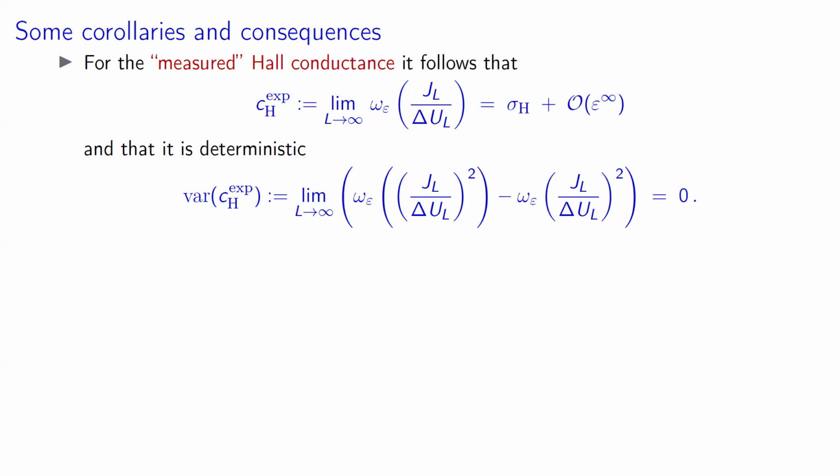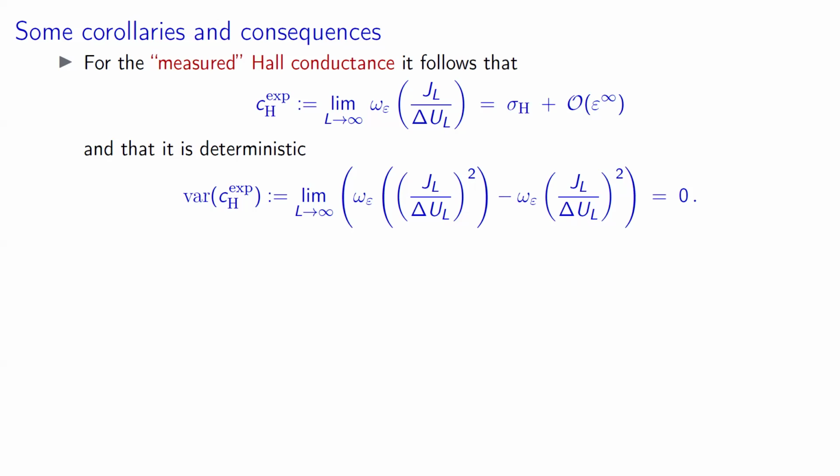That would be the experimental caricature of the measured quantity. And if I take the expectation in the near state of this ratio and take the limit L to infinity, I get again the Hall conductance given by the previous formula up to terms that are smaller than any power of the applied field.